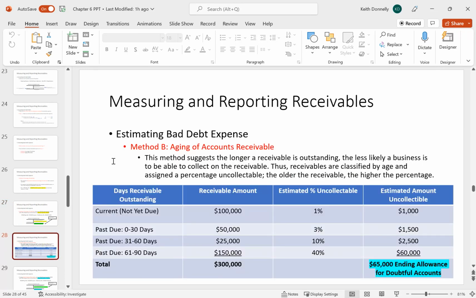Method B, in distinction, is another way we can figure out what numbers to put in the step 1 journal entry. The idea is, well, 5% is a good amount, it's based on past precedent, but how accurate is that? Is there a way we could be more specific? The premise of aging accounts receivable is that the longer a receivable has been outstanding, the less likely a business is going to be able to collect it.